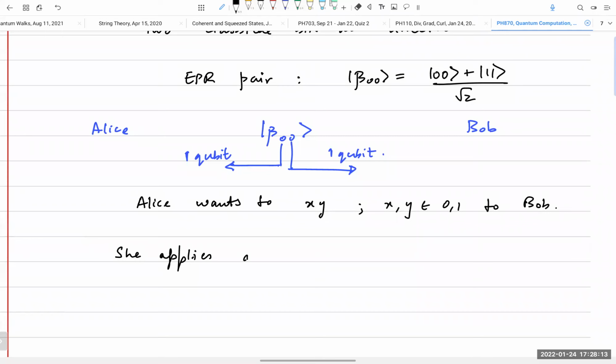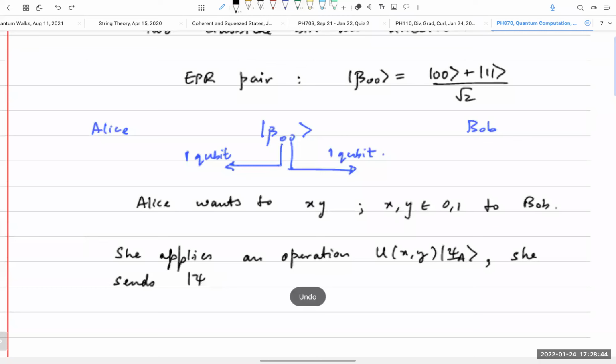She applies some operation U, which depends on these two bits that she wants to send, to her copy of the qubit, let's say psi A. And then she sends her state psi A, the modified state, this qubit, plus one classical bit.